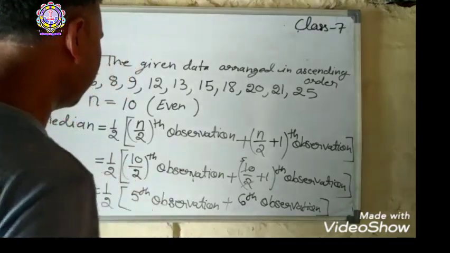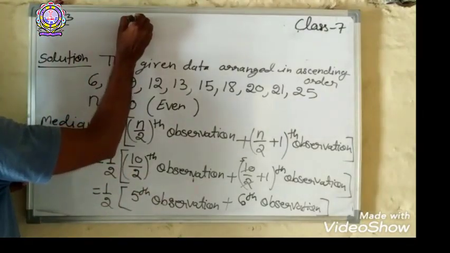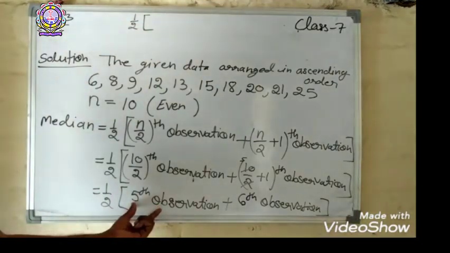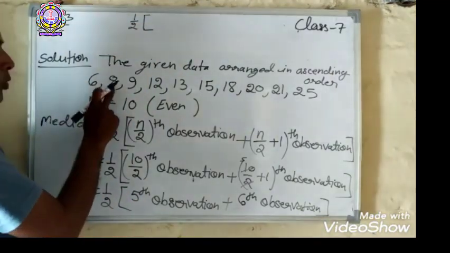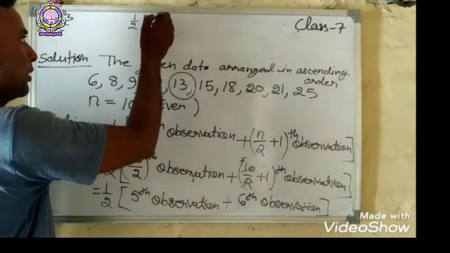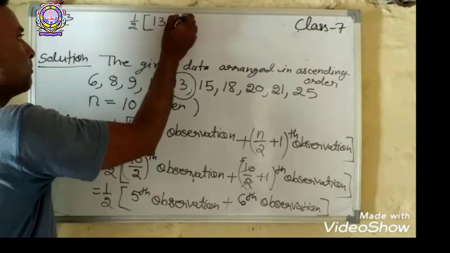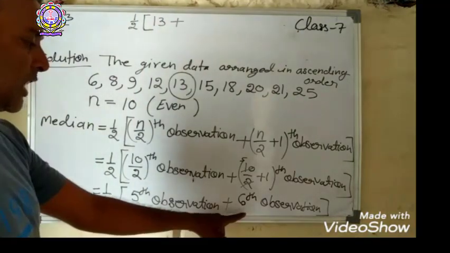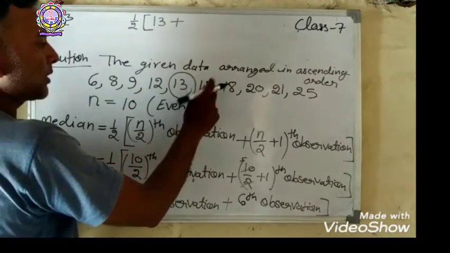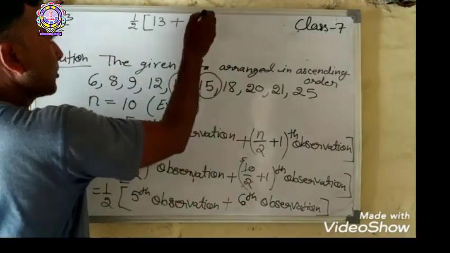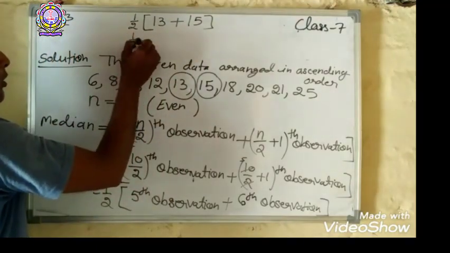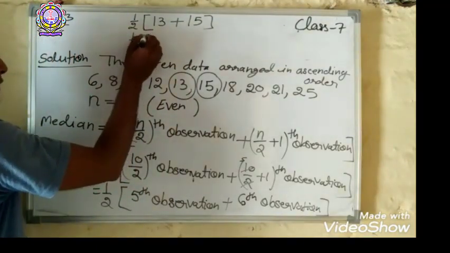So now you are observing 1 upon 2 bracket. What is the fifth observation? 1, 2, 3, 4, 5. This is the fifth observation. So you write 13 plus. What is the sixth observation? 1, 2, 3, 4, 5, 6. That is 15. And add it, 1 upon 2, here the multiplication symbol.